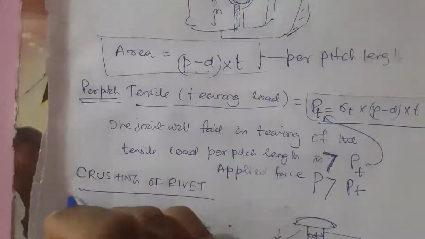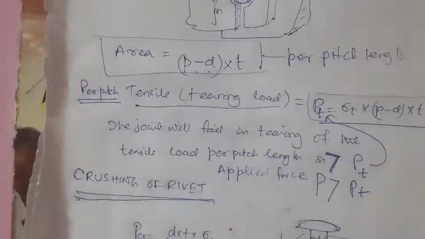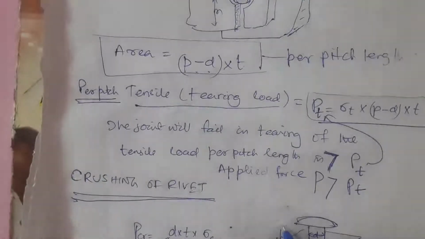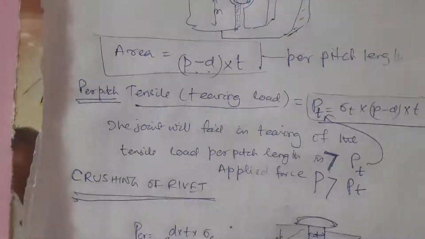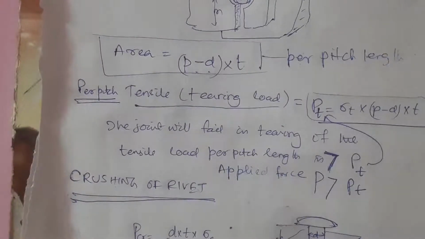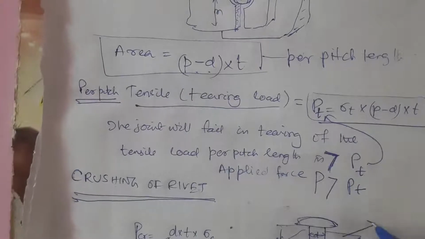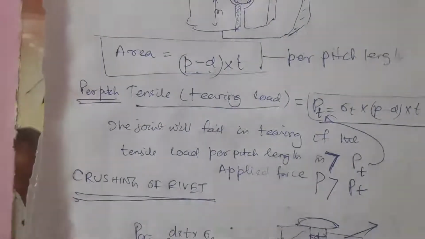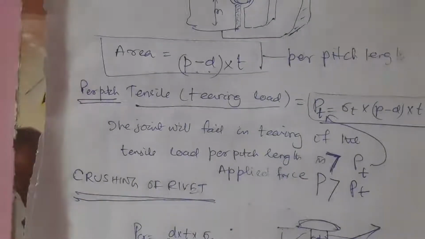Now we'll be talking about the crushing of the rivets. You see this is the plate and the rivet I have taken out, and let me show you this much portion of the rivet out of the entire shank portion is inside the plate, and if the force is applied, this much force will be pressing this portion of the cross section of the rivet under tremendous compressive force.